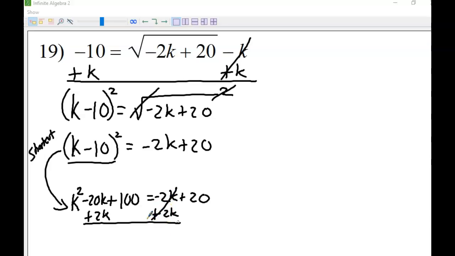Move the 2k over, and I'm also going to move the 20 over. Notice I'm moving these numbers over now because I have a quadratic again. So we want to move everything to one side so that it equals 0, and then we can just go ahead and factor.